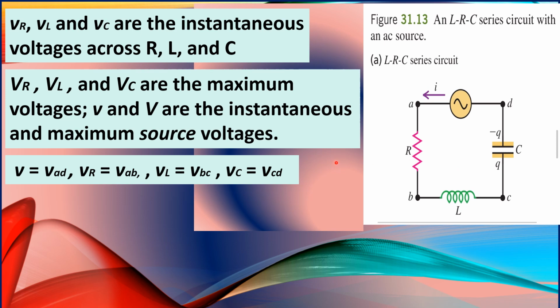Small v_R is the voltage across points AB, hence it is the instantaneous voltage across the resistor R. Likewise, we use small v_L to represent the voltage across points BC, or across the inductor. And small v_C refers to the voltage across points CD, or across the capacitor.